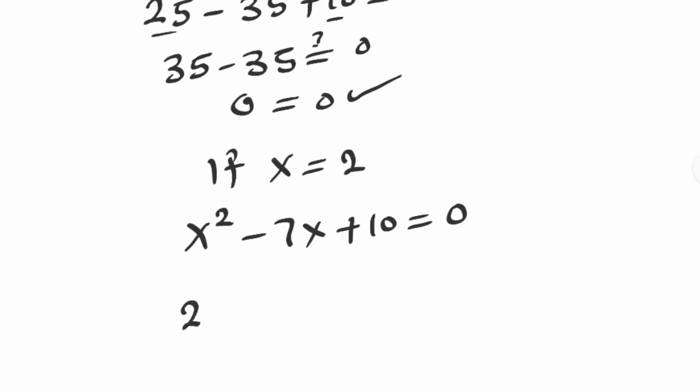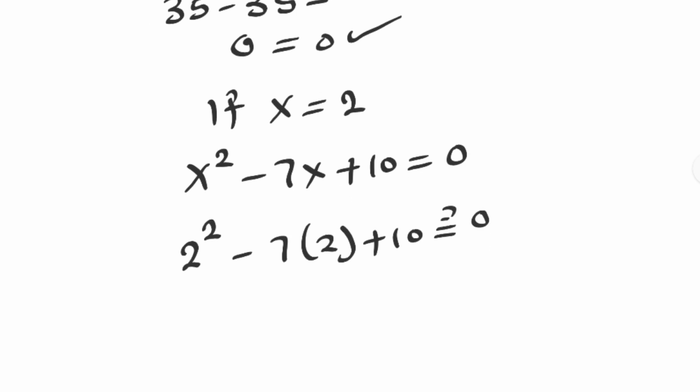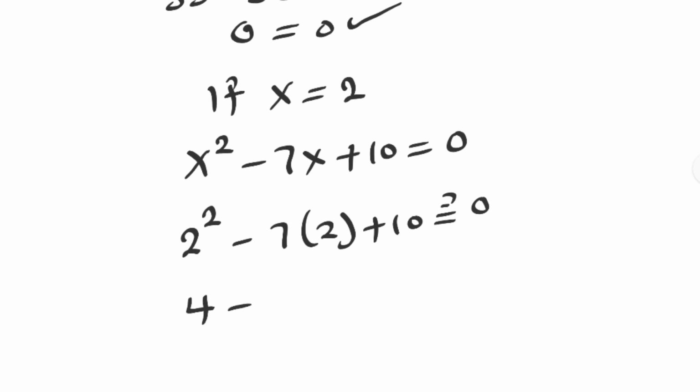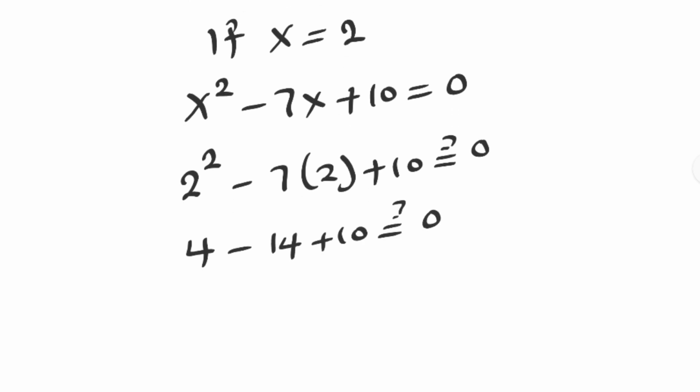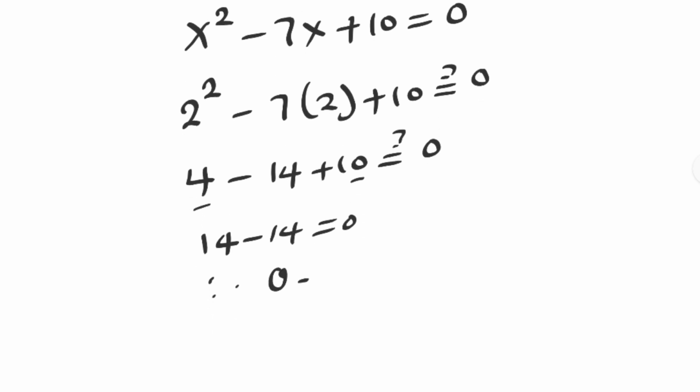This is 2 squared minus 7 bracket 2 plus 10 must be equal to 0. 2 squared, this is 4, minus 7 times 2, 14, plus 10 must be equal to 0. Then this is 4 plus 10, that is 14, minus 14 is equal to 0. Therefore, the left hand side 0 is equal to the right hand side 0, which is true.